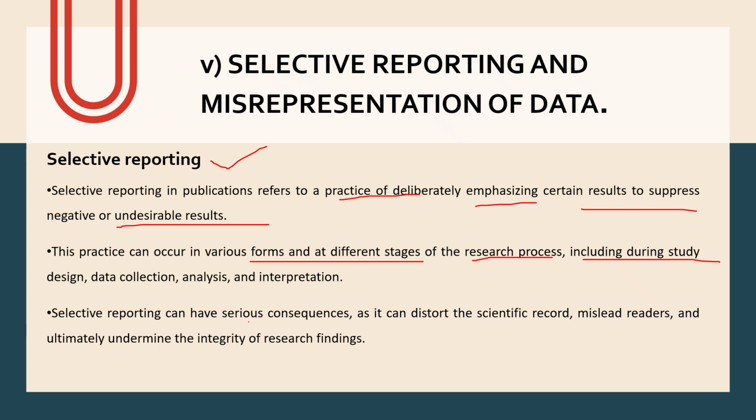Selective reporting can have serious consequences as it can distort the scientific record. The negative things are not put in, so the scientific record will mislead the readers and ultimately undermine the integrity of research findings.